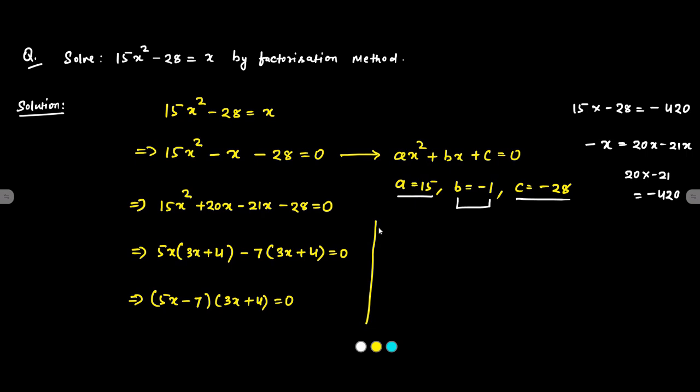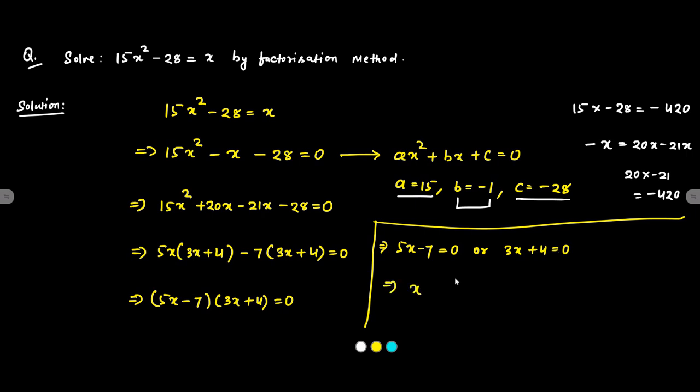That implies 5x minus 7 is equal to 0, or 3x plus 4 is equal to 0. That implies x can be equal to 7 by 5, or x can be equal to minus 4 by 3.